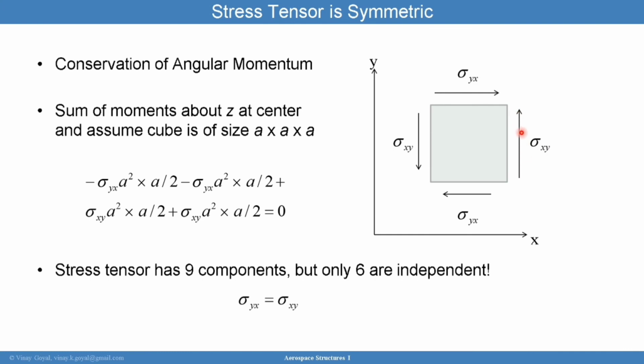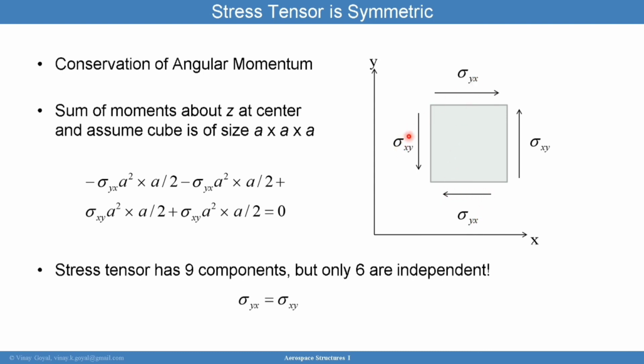We also know that this must be the same in magnitude as this one, but opposite in direction because of Newton's third law. I also have sigma yx on this face because that's the y face and it's acting in the x direction. I also have sigma yx on the bottom face in the opposite direction.